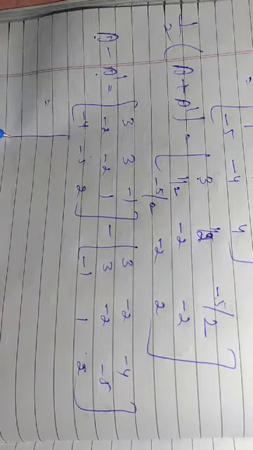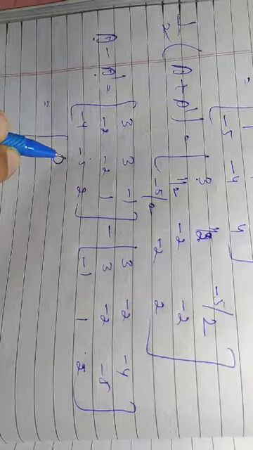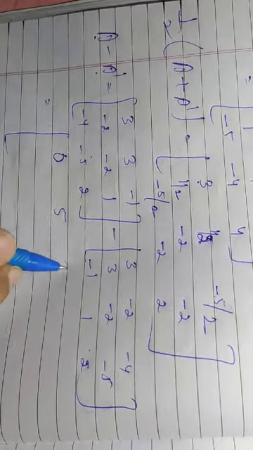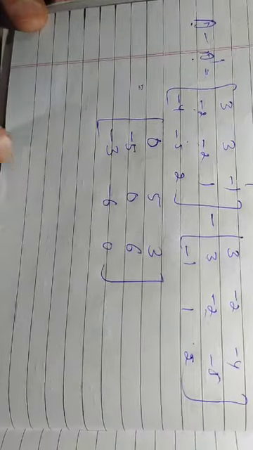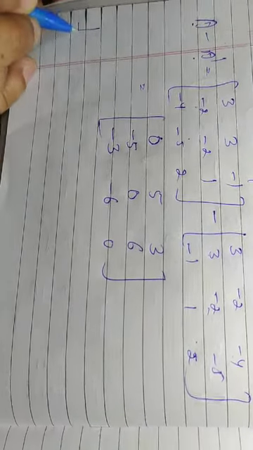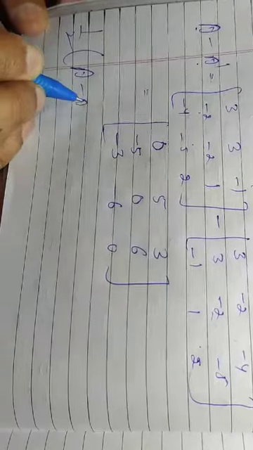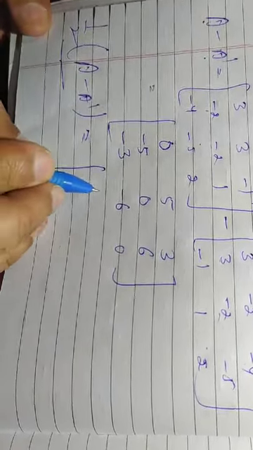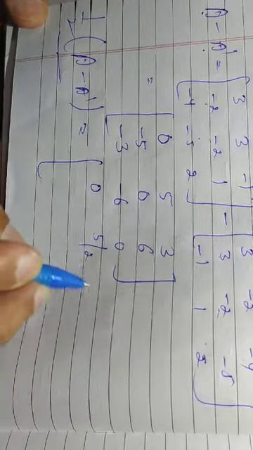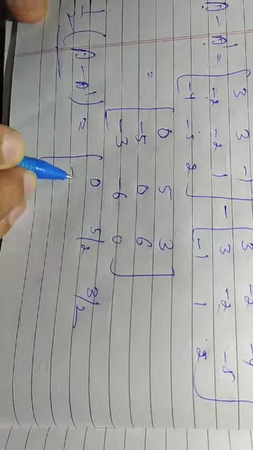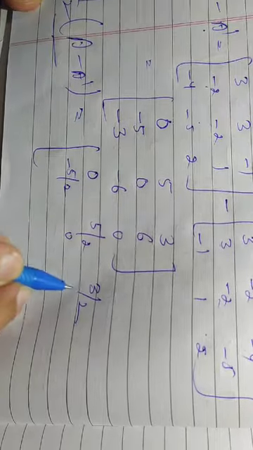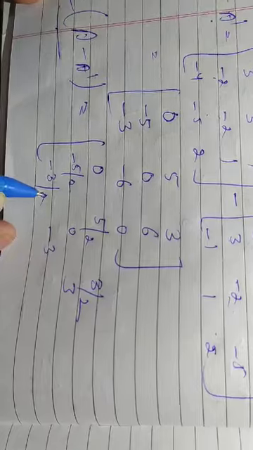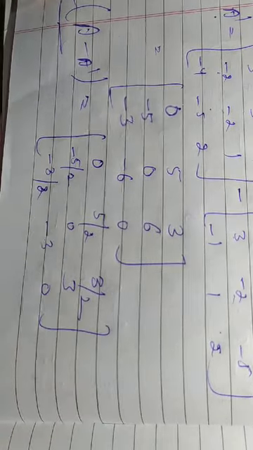Now we subtract these. 3 minus 3, 0. 3 plus 2, 5. Minus 1 plus 4, 3. Then 1 by 2 of A minus A transpose. This is the skew symmetric part. Divide each element by 2: 0, 5 by 2, 3 by 2, minus 5 by 2, 0, 3, minus 3 by 2, minus 3, 0.